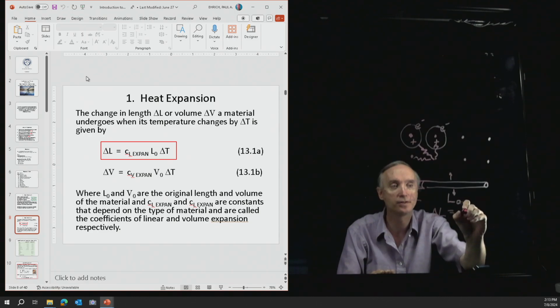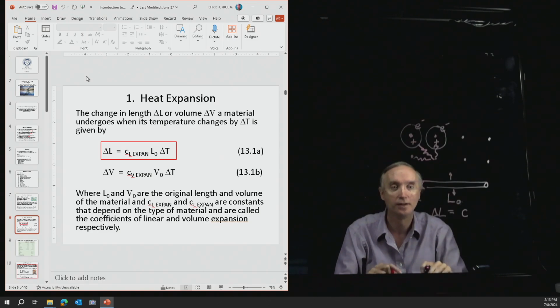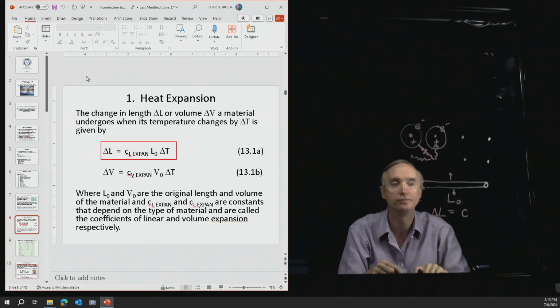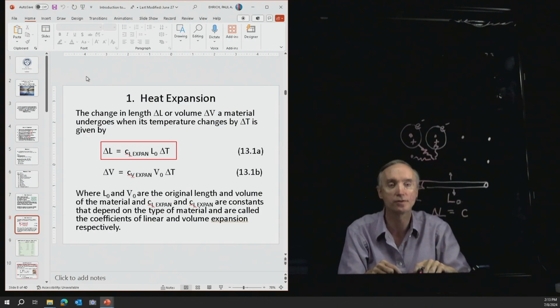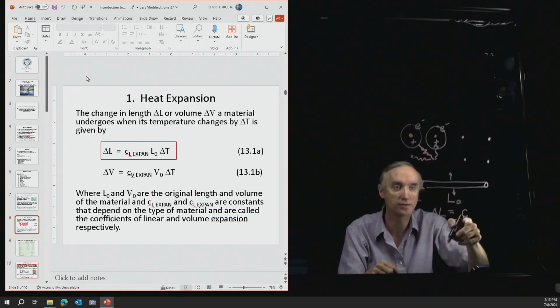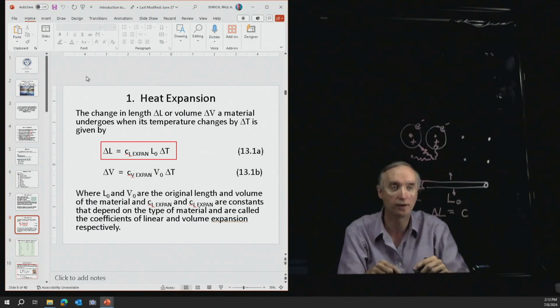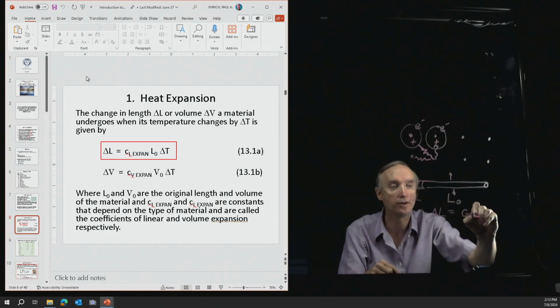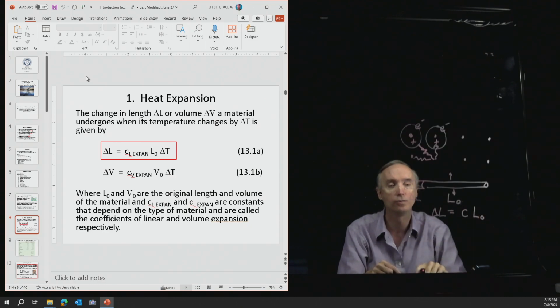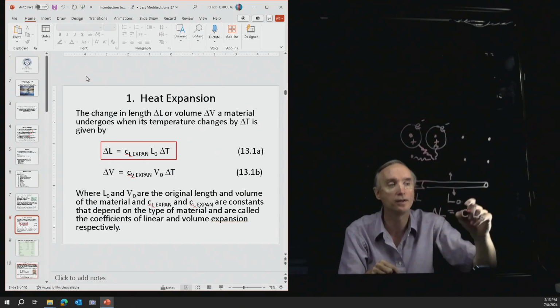That constant is going to be given by the letter C, and you notice I had to get kind of creative on my subscripts there. I said L for length expansion. So this is the expansion coefficient that goes in front. Then it's also going to depend on how long the rod was in the first place, and how much I change the temperature.